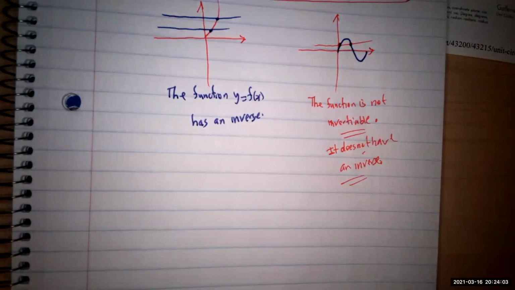That is the idea that we are going to follow. Any questions so far? So we are just at the place where we can start talking about the inverse of the trigonometric functions.